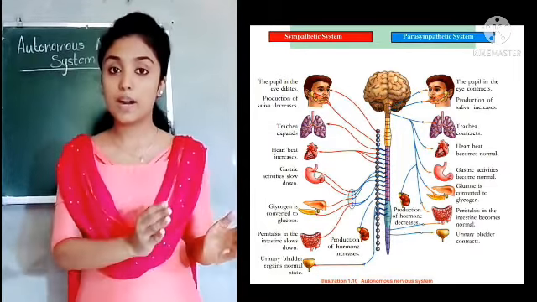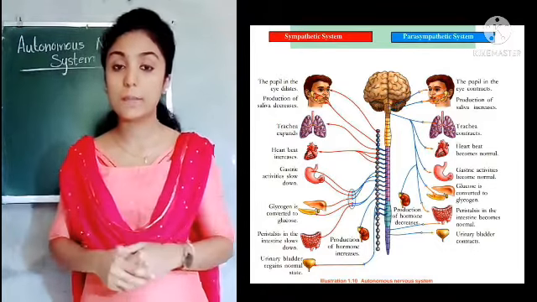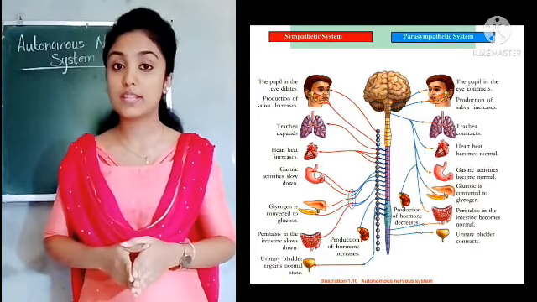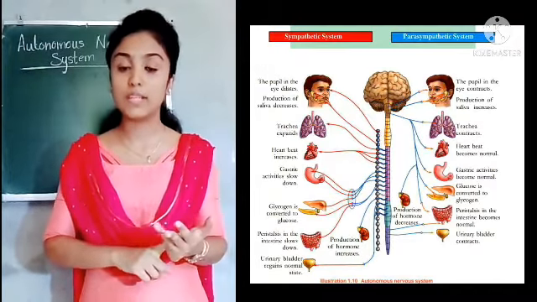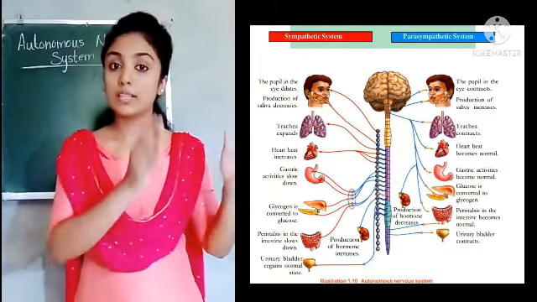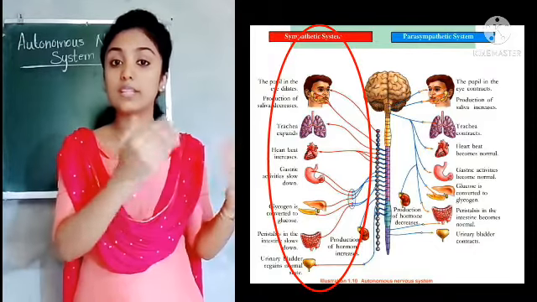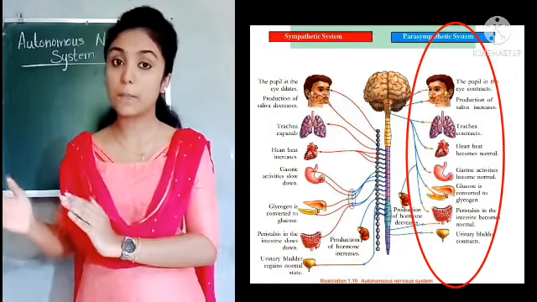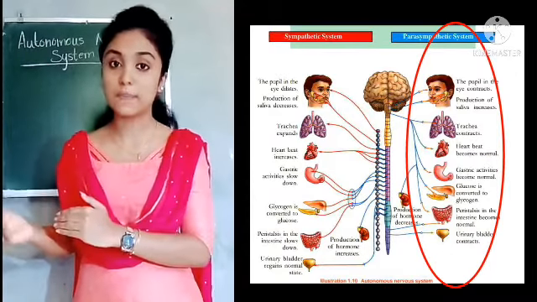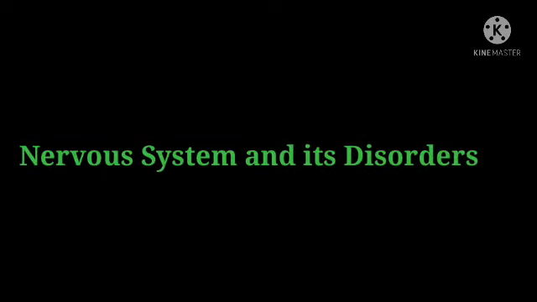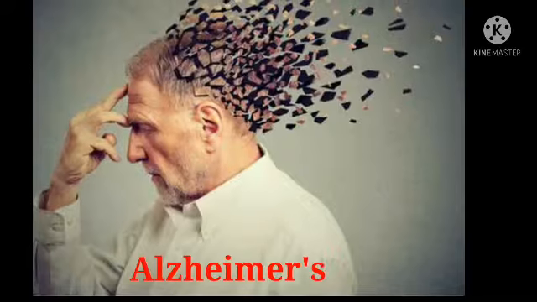The sympathetic part makes all those changes in our body when we get frightened: increasing heartbeat, increasing breathing rate, sweating, shivering, etc. But the parasympathetic part of the autonomous nervous system returns us to the normal condition after some time. Now let us learn about the nervous system and its disorders.